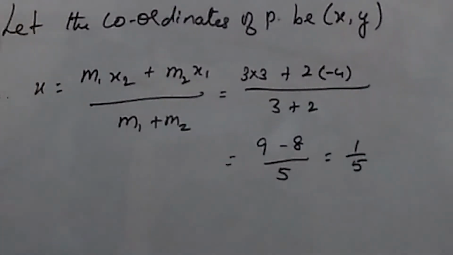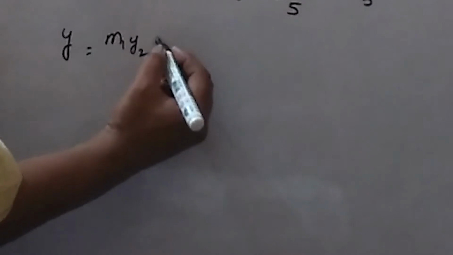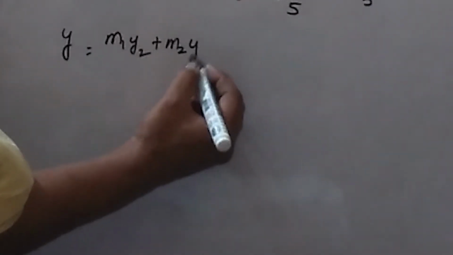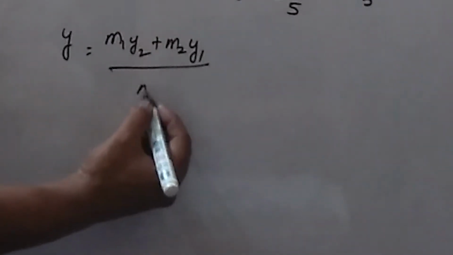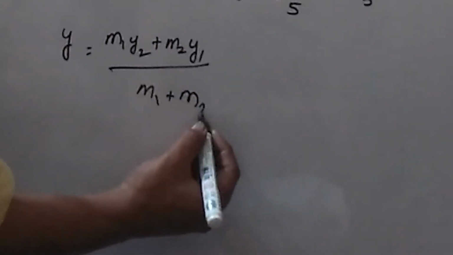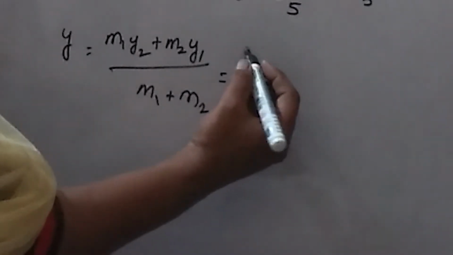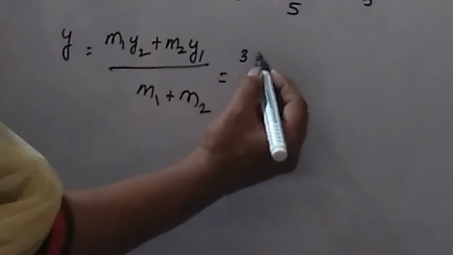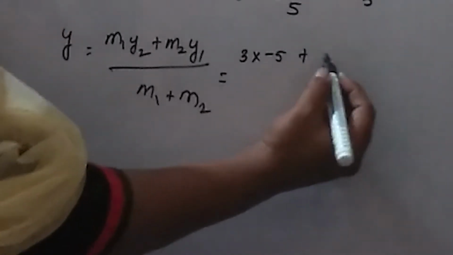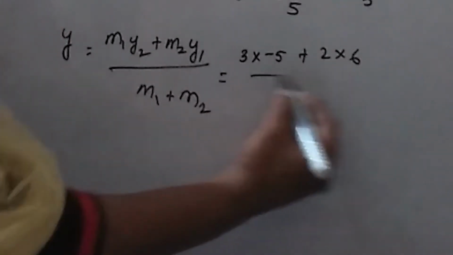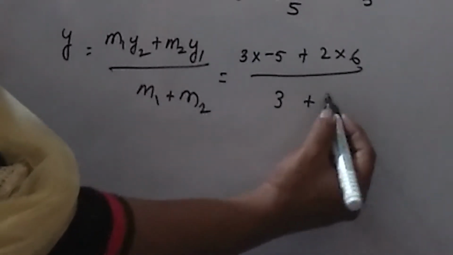Yes. Now we have to find y. Y is equal to m1 y2 plus m2 y1 upon m1 plus m2. That is equal to 3 into minus 5 plus 2 into 6 upon 3 plus 2.